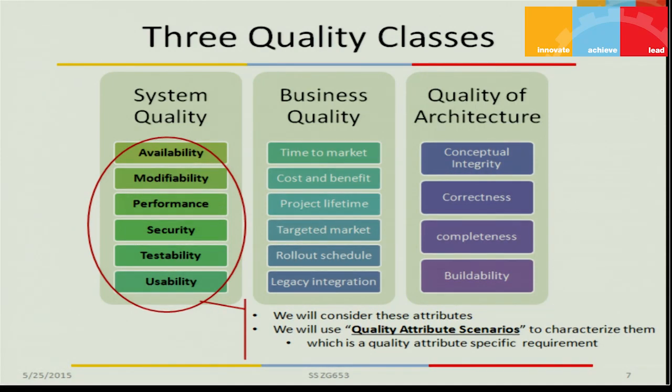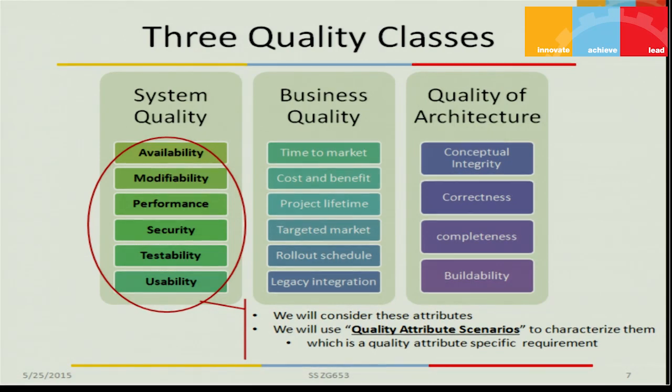So what I was saying is that there are actually three quality classes. The first one is called the system quality. System quality is about the quality of the system that you're going to build, like modifiability, availability, performance, security, testability, and usability. In this course, we are going to consider these system qualities and analyze them in detail.